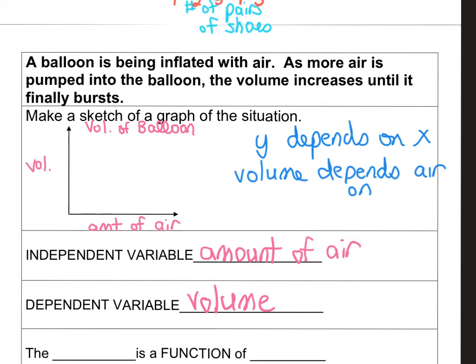Okay, something along that line. That would indicate that yes, the balloon burst, there's no more air in the balloon. You could make it more drastic of a drop if you needed to.